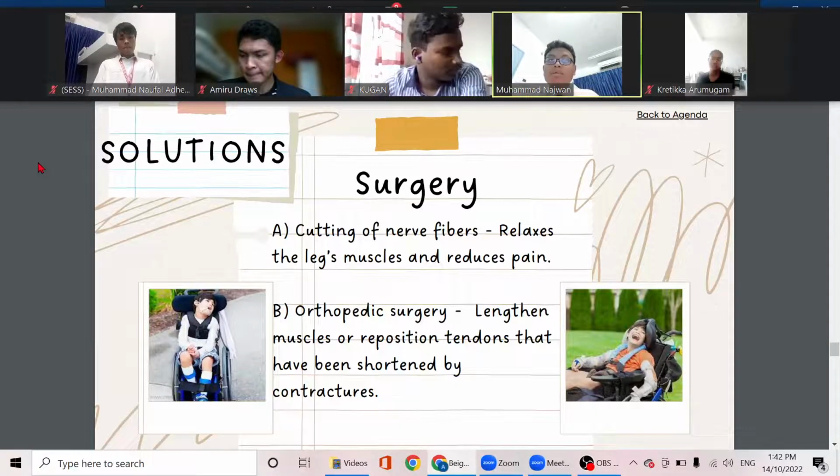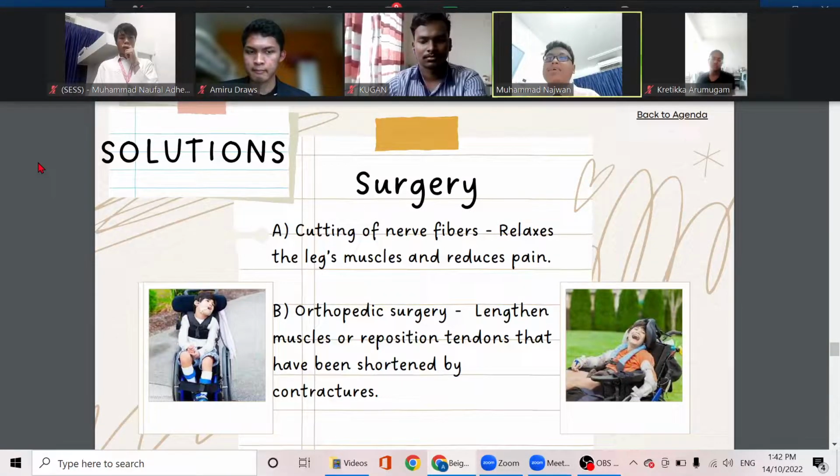In more severe cases, surgeons might selectively cut the nerve that serves a specific muscle through a procedure known as selective posterior rhizotomy. This relaxes the leg muscle and reduces pain. A side effect that may be caused by this surgery includes numbness.